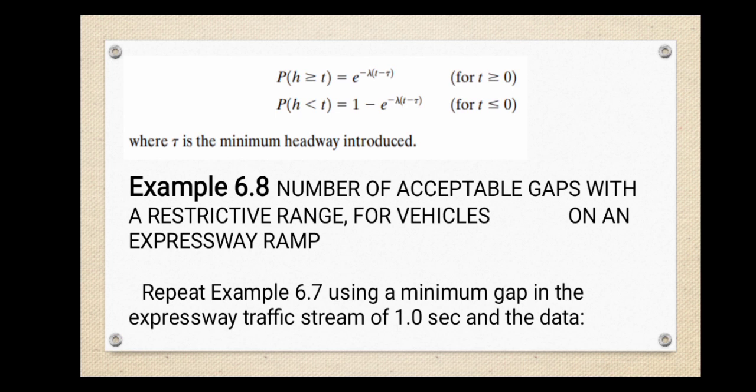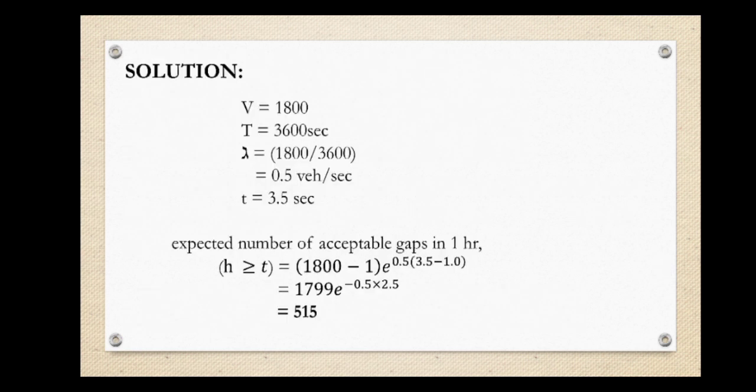Repeat example 6.7, using a minimum gap in the expressway traffic stream of 1 second and the same data. We have V equal to 1,800, T equal to 3,600, lambda equal to 0.5 vehicles per second, and now T equal to 3.5 seconds.